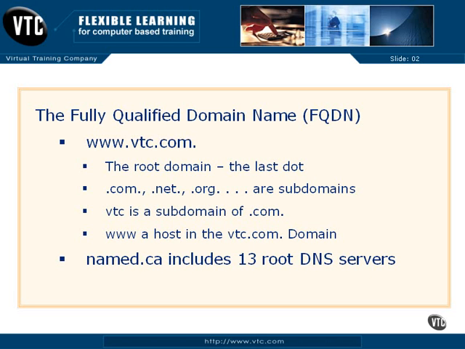And generally, the authoritative DNS server for vtc.com includes the authoritative information for the VTC web server at www.vtc.com. Or if not, it can at least call up the right DNS server.